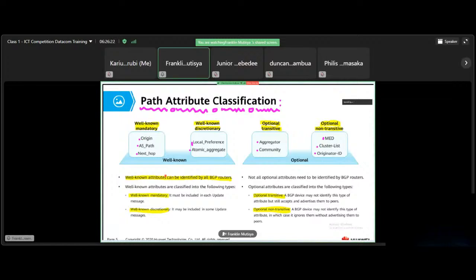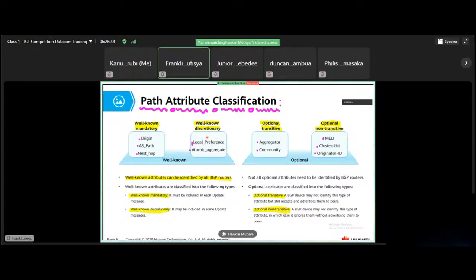Well-known attributes can be identified by all BGP routers. These can be learned by any vendor router; any vendor equipment can learn about them.